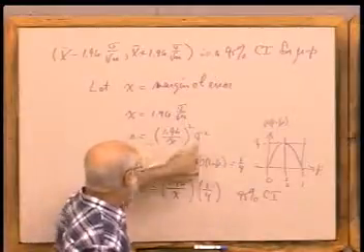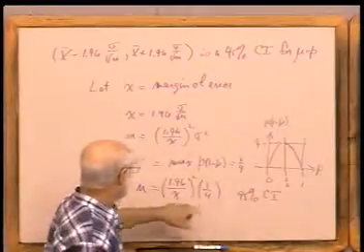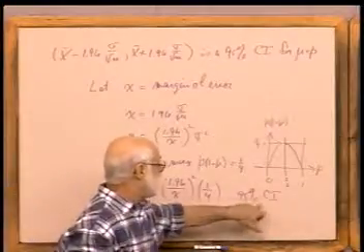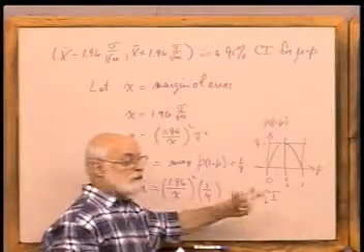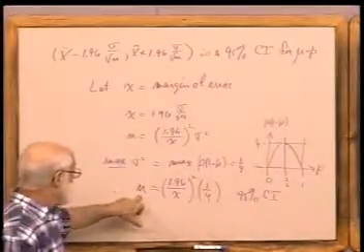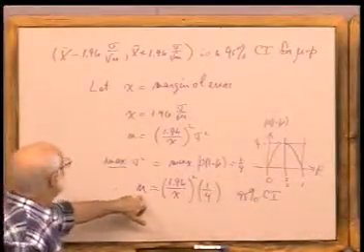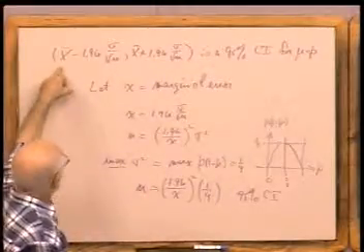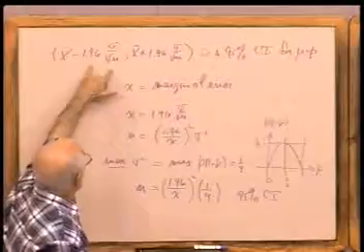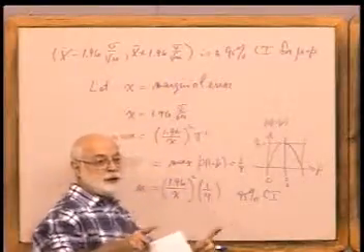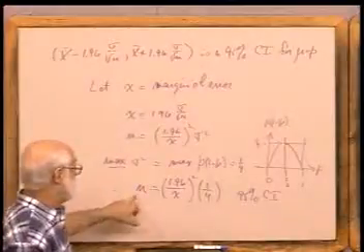I just take that maximum value and use it in this formula, and this tells me that if I want a 95% confidence interval for the fraction of voters who are going to support Bush, I have to question n people, calculate the average, and subtract from and add to the average this amount, and with 95% probability, the true answer will lie between those two values.